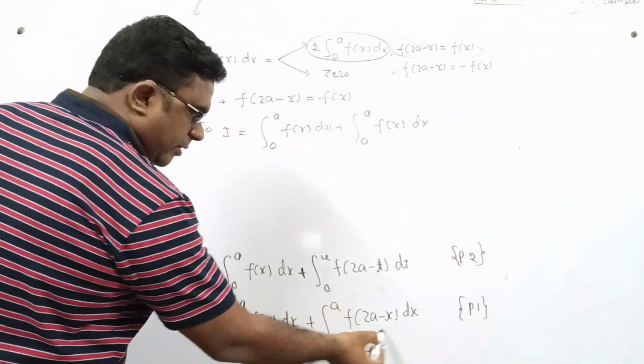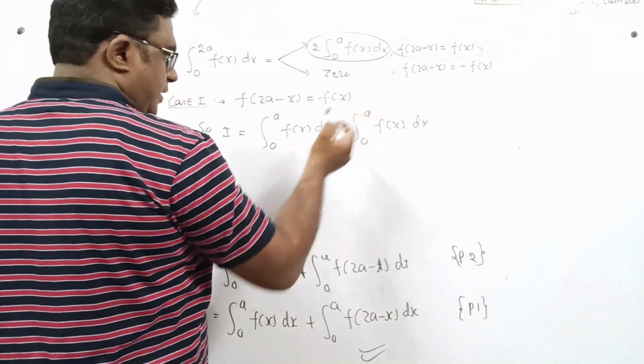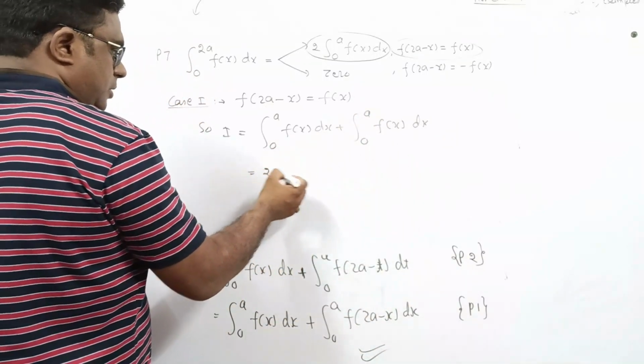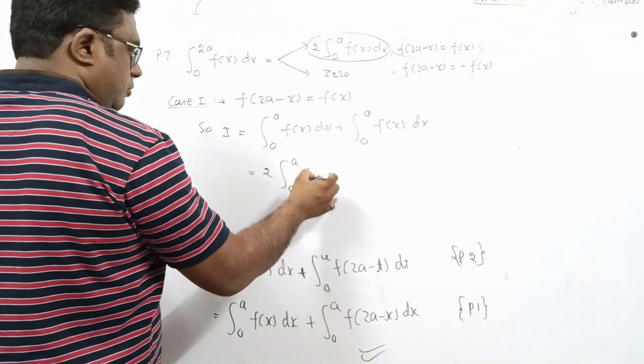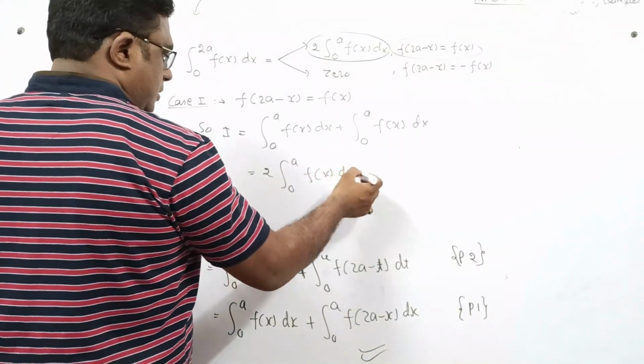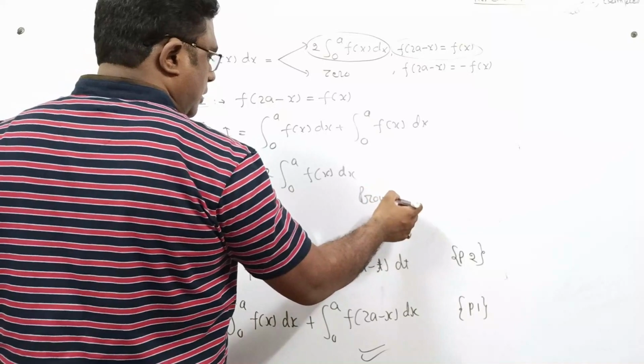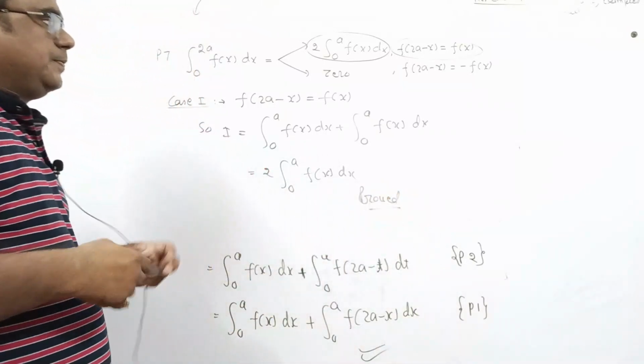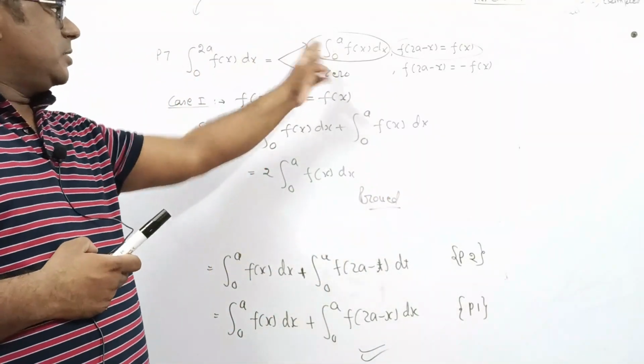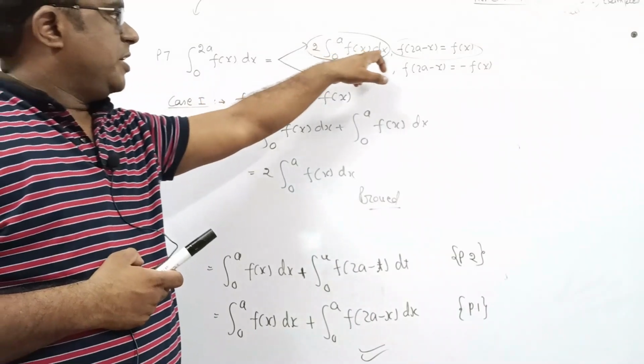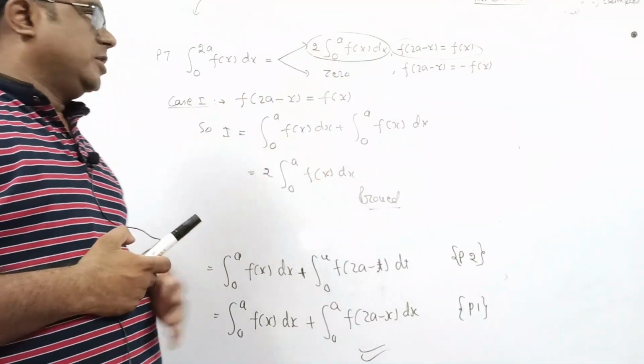In place of f(2a - x), I put f(x). These two terms are the same, so twice the integral 0 to a f(x) dx is proved. So you have proved the result of the first part. In the first case, the result is twice the integral 0 to a f(x) dx. We have obtained that result.